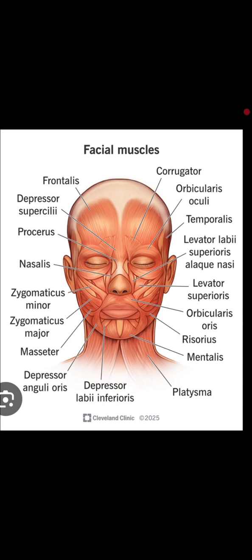Orbicularis oris, mouth sphincter, is an unpaired single muscle. And the mentalis, the chin muscle. Unpaired single muscles: occipitofrontalis, procerus, orbicularis oris, and mentalis.